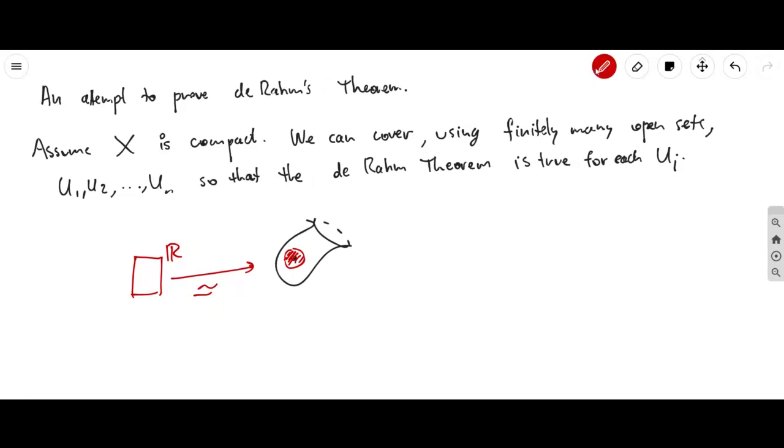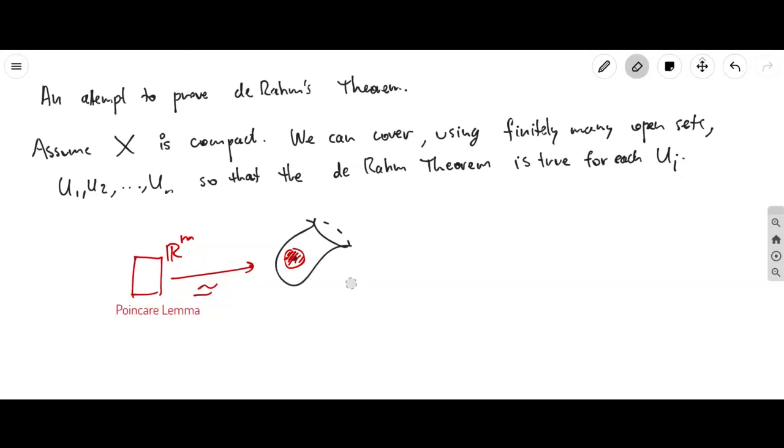Maybe I should not call it R^m. And because you have a homeomorphism, we know, so this is the Poincaré lemma. This is convex. In fact, it's the whole thing, but in particular it's convex. So the Poincaré lemma applies. These two spaces are homeomorphic. De Rham theorem is true over here, so it's going to be true over there. So the de Rham theorem is true on each of those open sets.